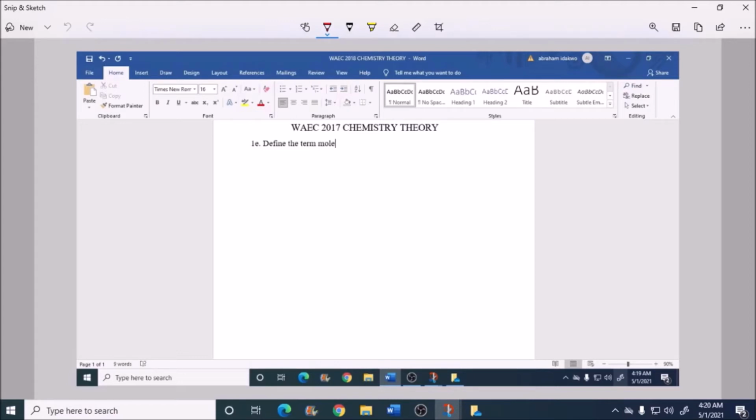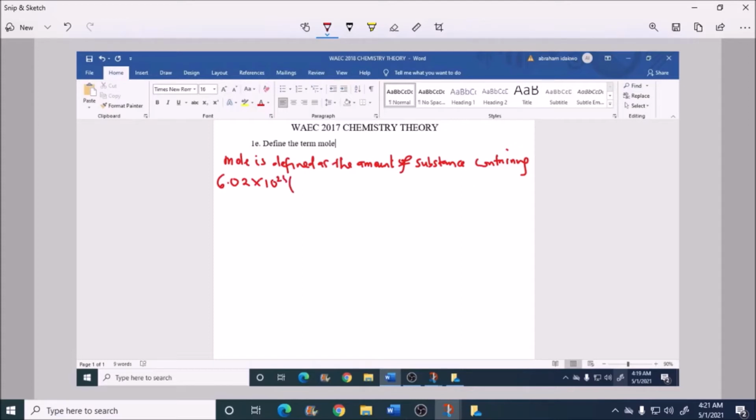So mole is defined as the amount of substance containing 6.02 times 10 raised to power 23.